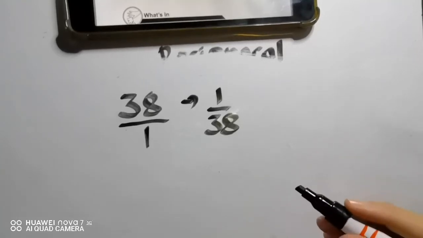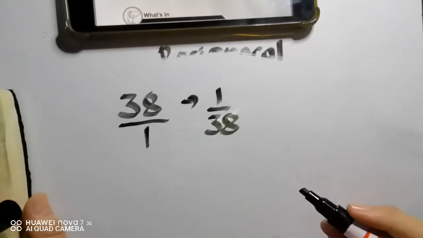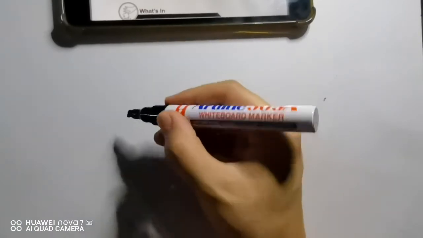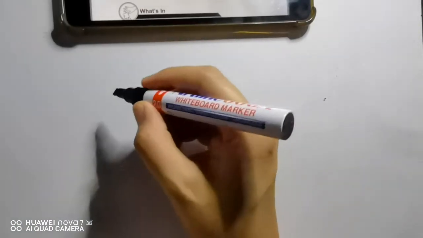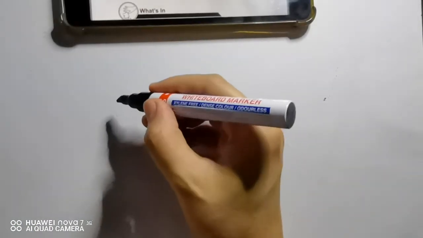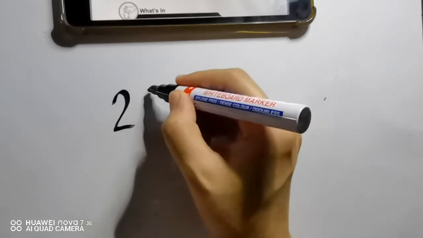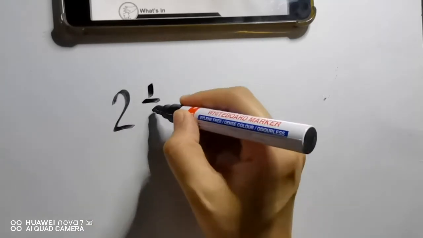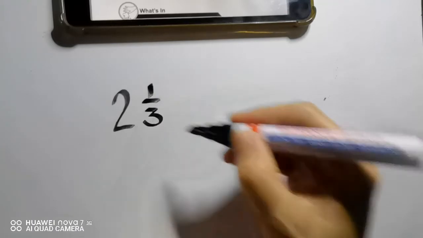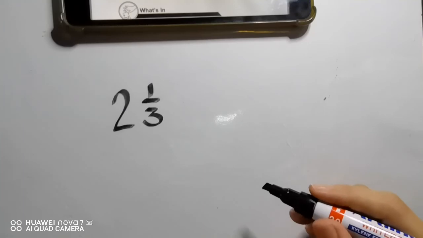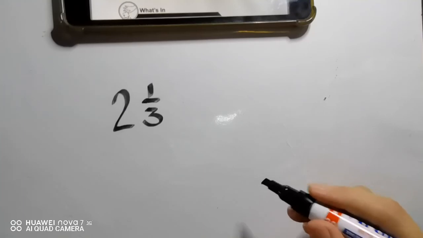Paano naman kapag mixed form? Okay, example. Mixed form. Let's say 2 and 1/3. Okay, ano yung reciprocal niya? Okay, so para ma-reciprocal mo yan, gawin mo munang improper.